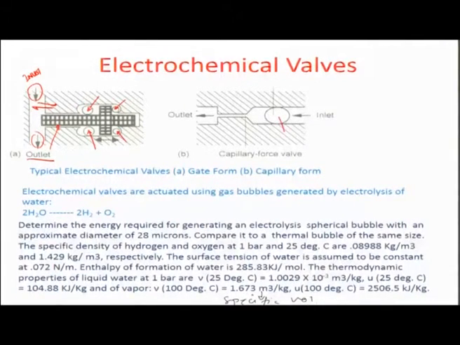Alternately, you can create a two phase system with hydrolysis, creating hydrogen and oxygen bubbles, which can block the flow going through this constriction here, so that there is again gating or valving.